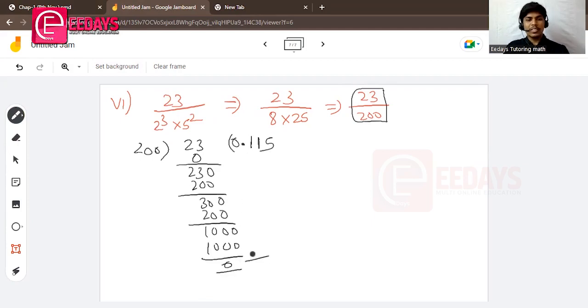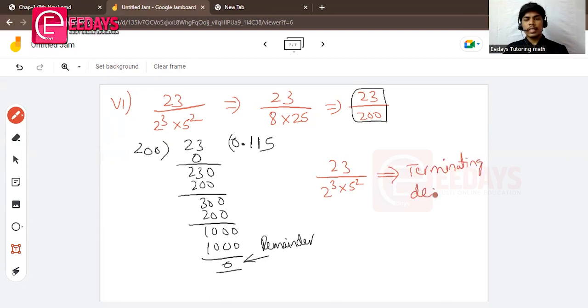Finally we got 0. So the remainder is 0. If the remainder is 0, then 23 by 2 cube into 5 square is a terminating decimal.